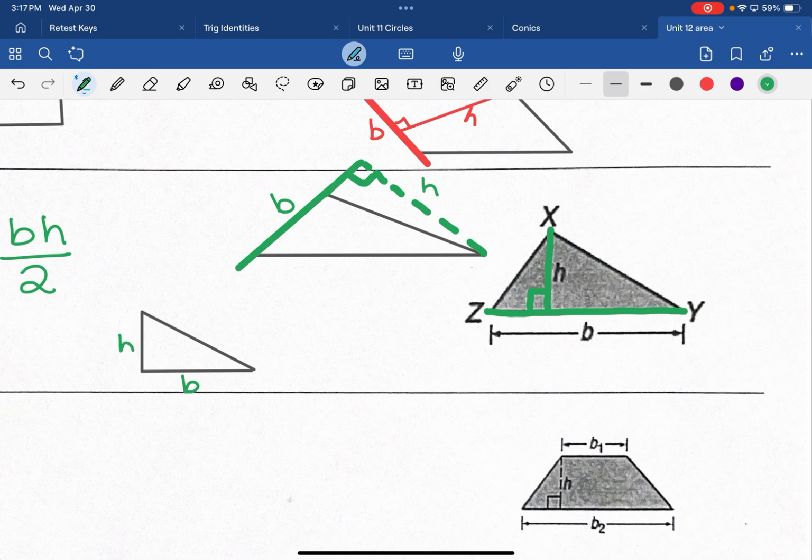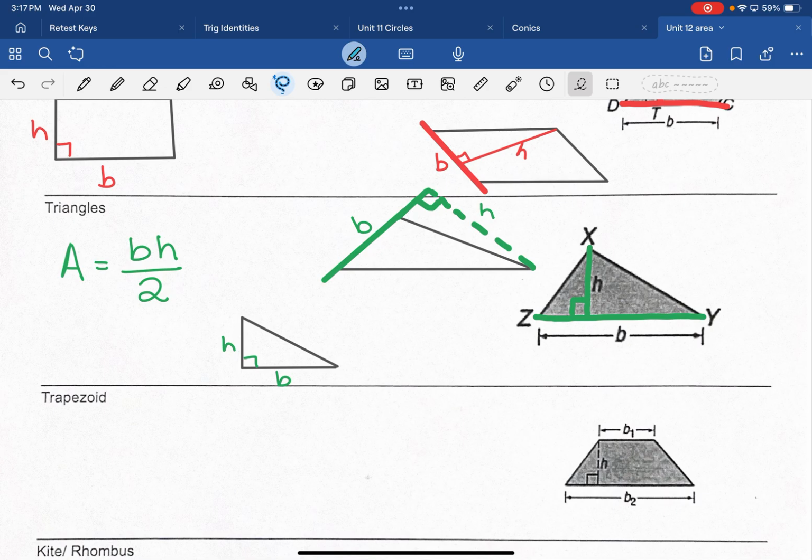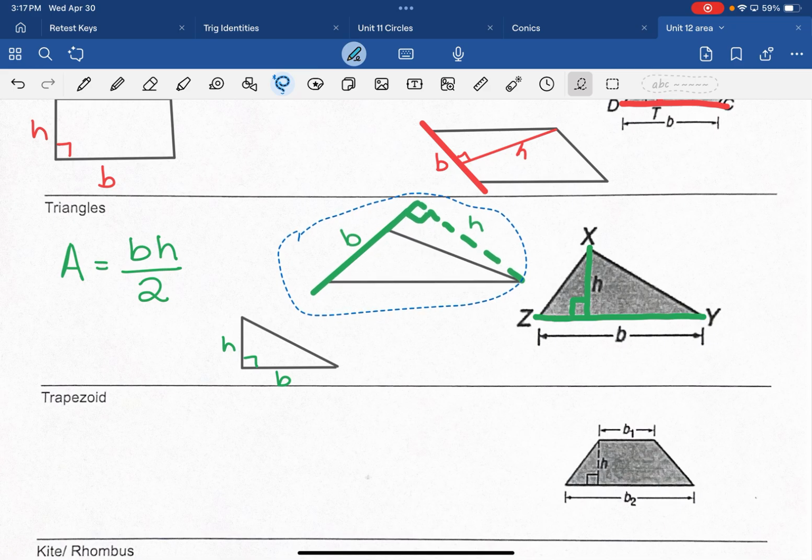Then that's your height, because your legs are going to be your base and your height. Okay, do you have questions on that? Okay. Any other questions?